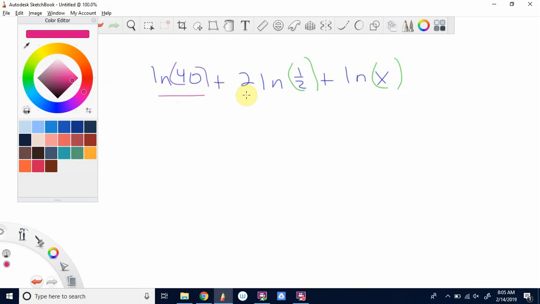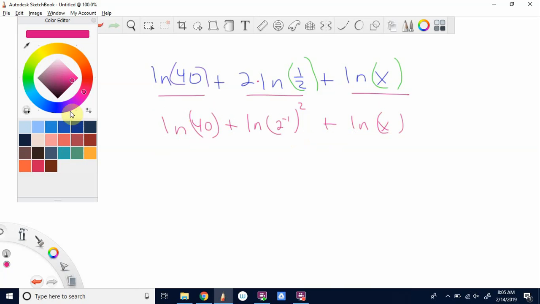And this is one term, one term, one term. Well, I have times, so I can use the power rule. So this becomes, and I can change this 2 to the negative 1, the natural log of 2 to the negative 1 raised to the 2nd power plus natural log of x plus the natural log of 40.